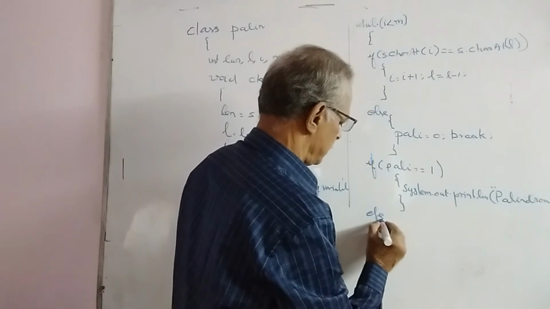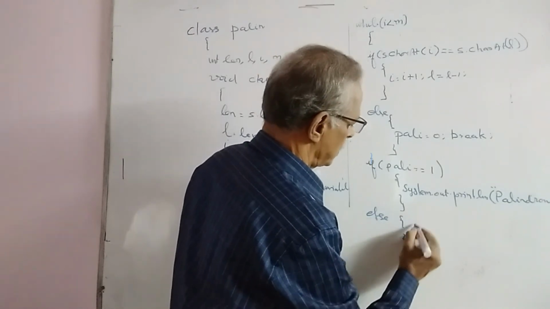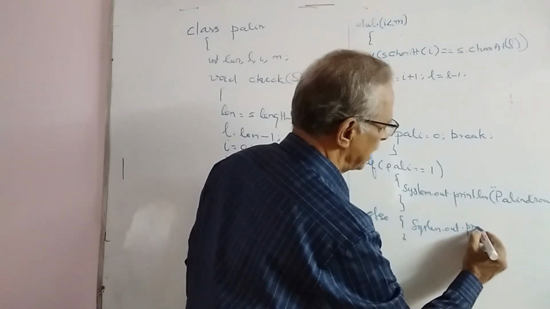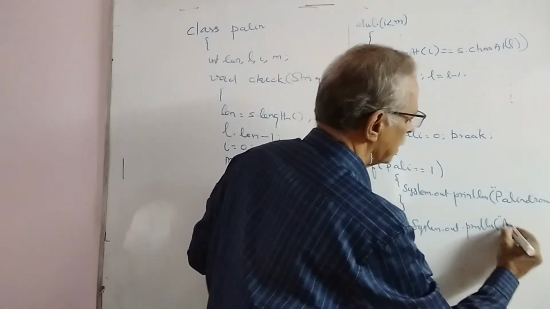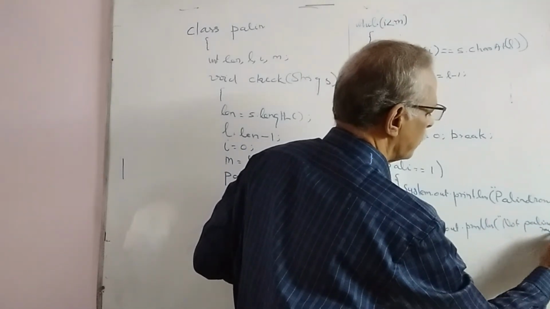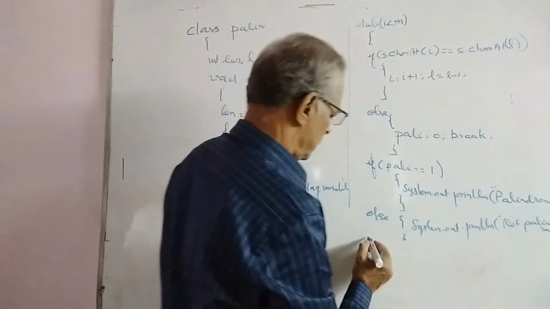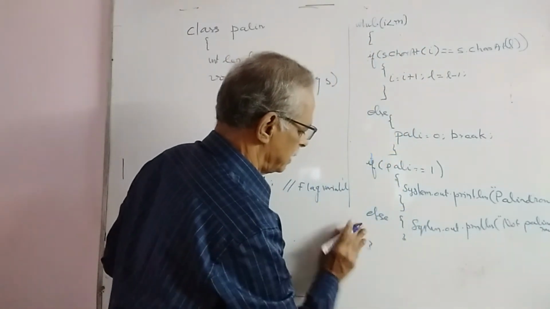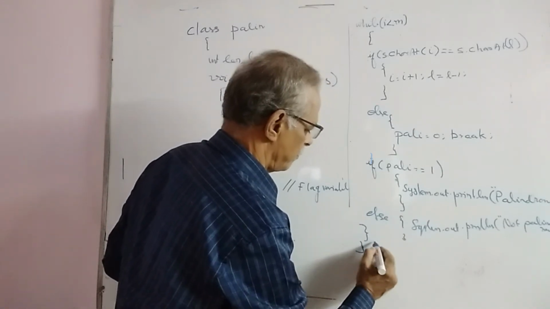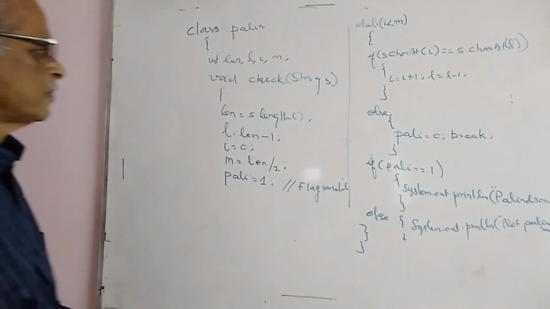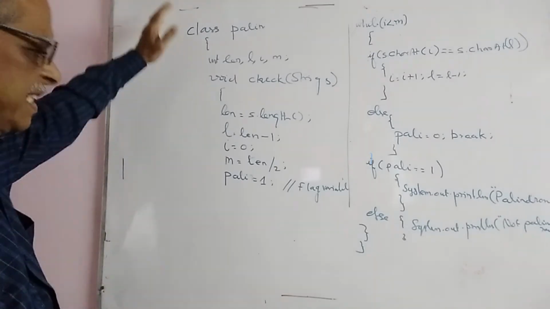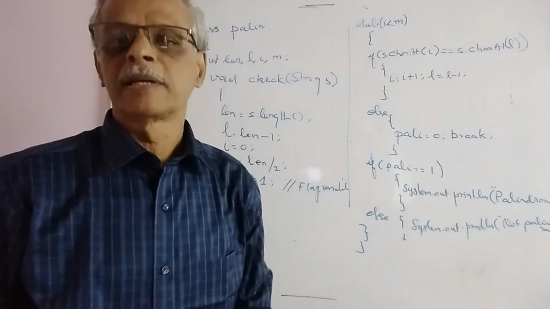Else, System out dot println not palindrome. End of the function, end of the class. This is the class to find whether a given string is a palindrome or not.